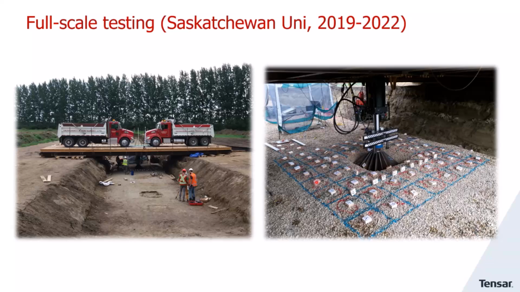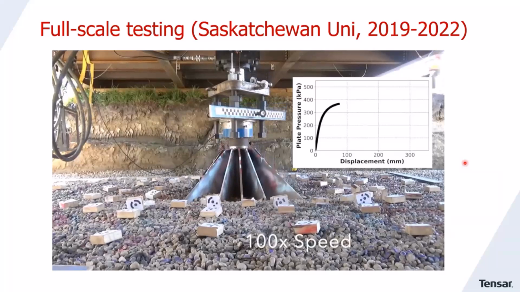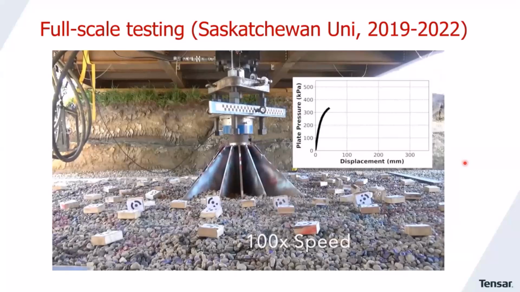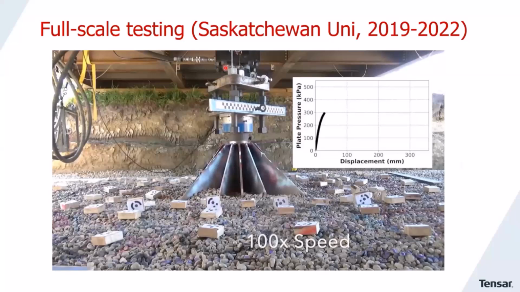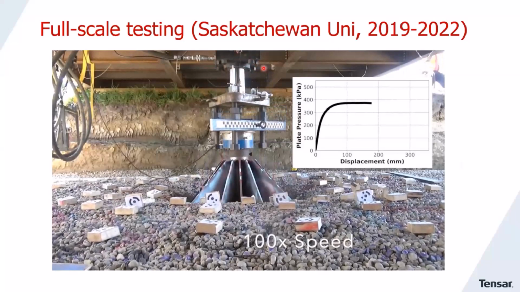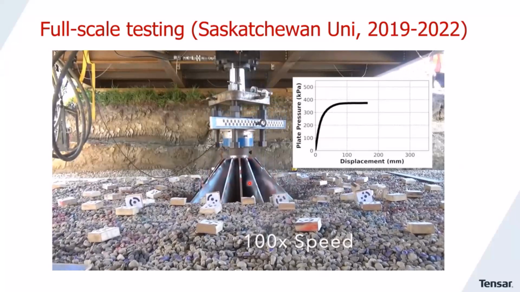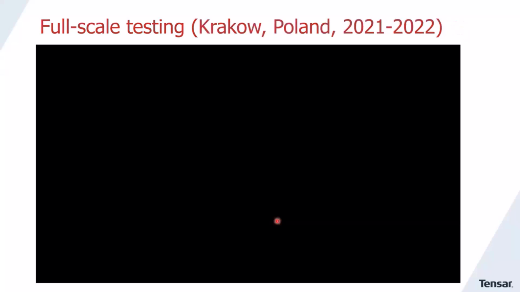The goal of these trials was to validate our unstabilized design methodology, so without any geogrids. You can see here a relatively small plate, about 1 meter, that is being pressed into the soil. As you can see, a very large counterweight is needed to ensure that the bridge is not lifted, but instead the platform is deformed.